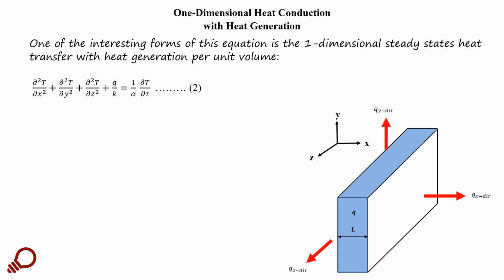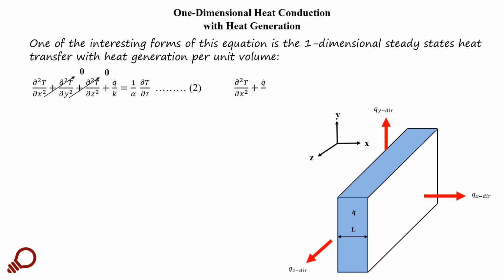As shown in this figure, we have the faces, and we may consider it as an element with a thickness of L. And if we ignore the effect of the y direction, then that means partial squared T with respect to y squared will vanish and approach 0. And in the z direction as well, we may have partial squared T with respect to z squared equal to 0.